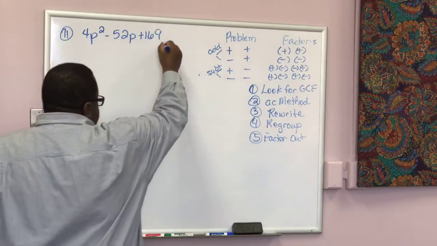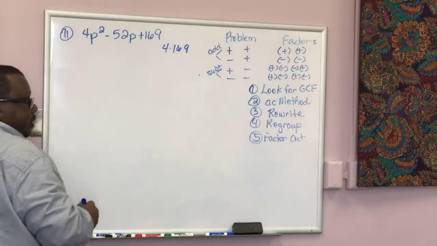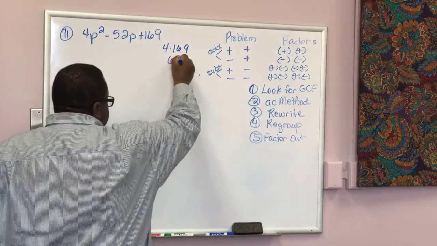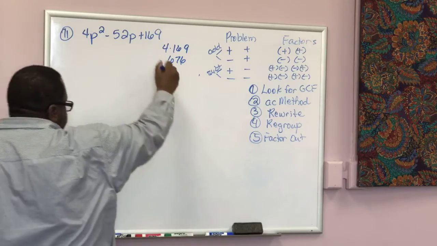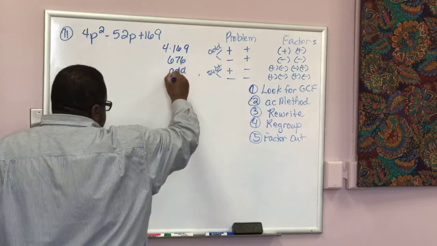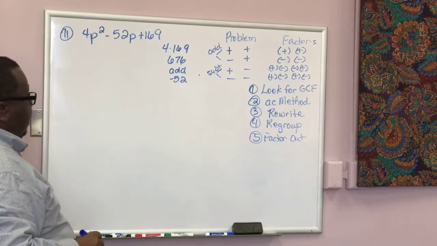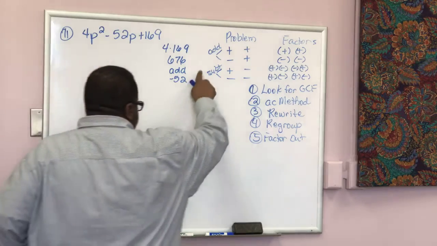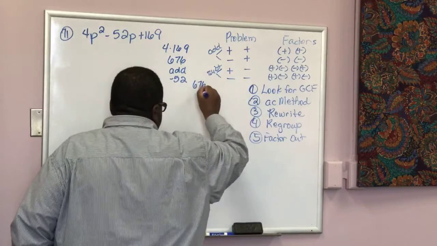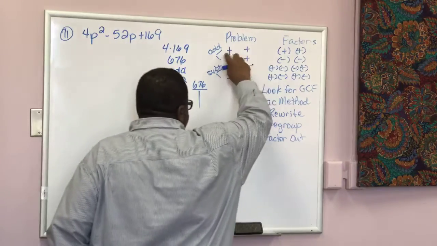So what's 4 times 169? 676. And we need to add to get a what? Negative 52. So we gotta find some factors of 676. When we add, we will get a negative 52. That's a large number in there. Since we're adding, we know the sign gotta be the what?